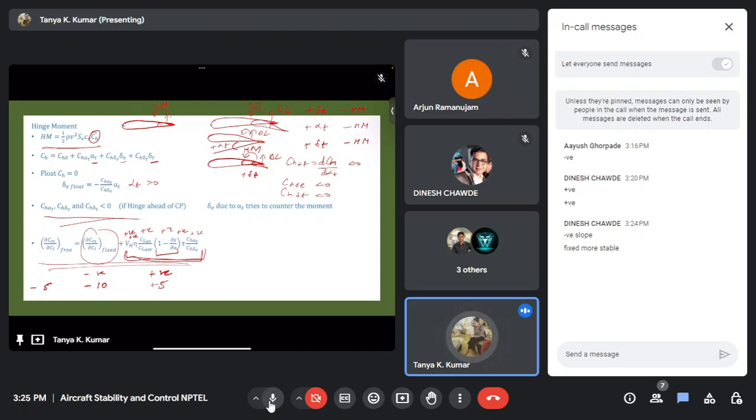Stick fixed case is more stable, correct. So what happens in the stick free case is there's a positive term added into your equation which reduces the stability. The stick fixed case is more stable, right?